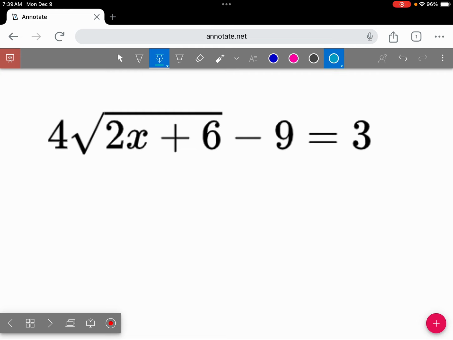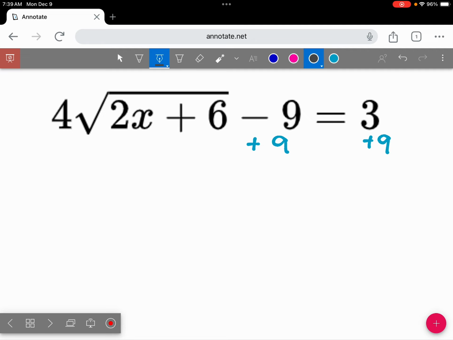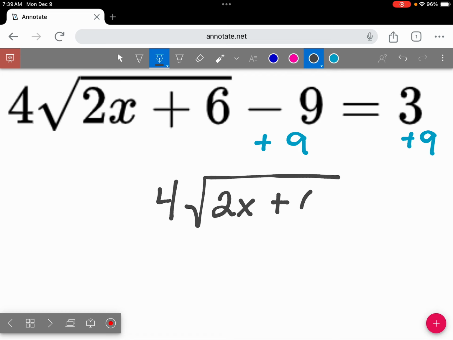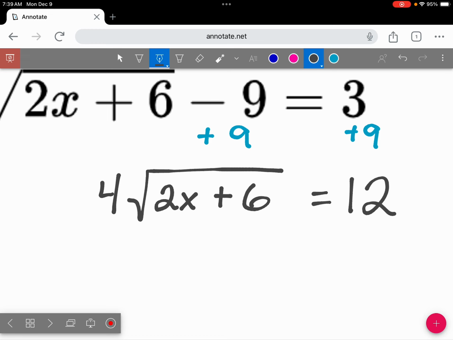Plus 9. Good. Again, not the only choice, but definitely the easiest. So we're left with our 4 square root of 2x plus 6 equals 12.